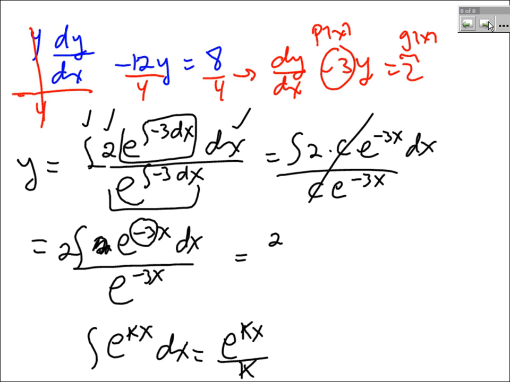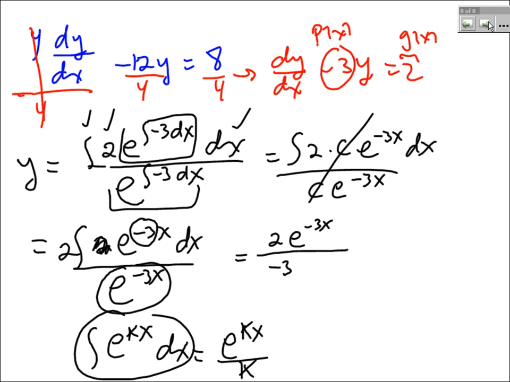So we have 2 times that integral, which is in this form. So I get back e to the kx, and then I divide by k. But that's just in the bottom, plus c. And that's still in the bottom. So now I have 2 divisions. That division gives me negative 2/3. The e to the negative 3x cancels.